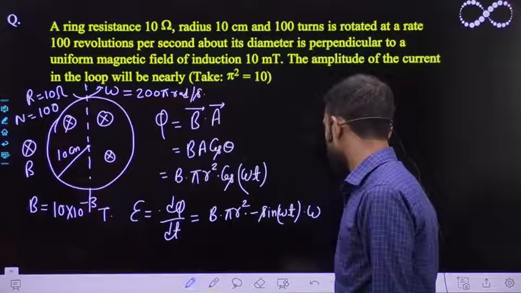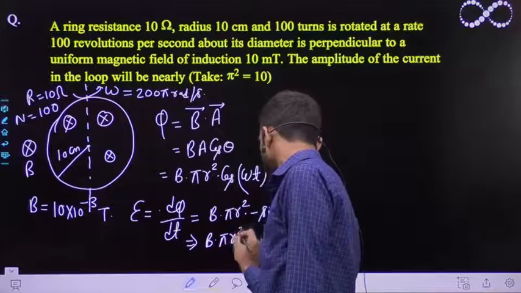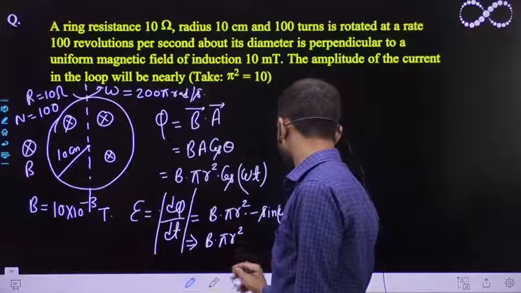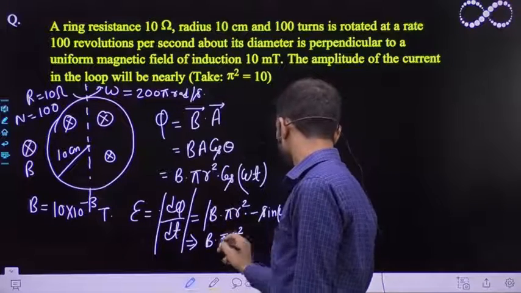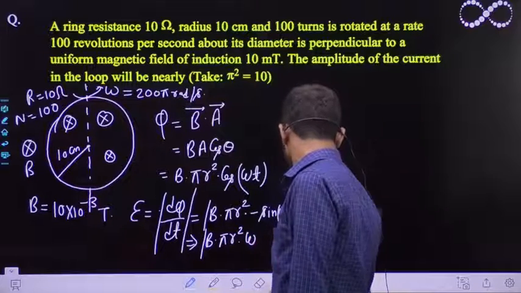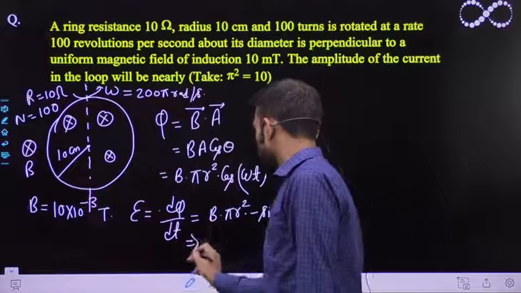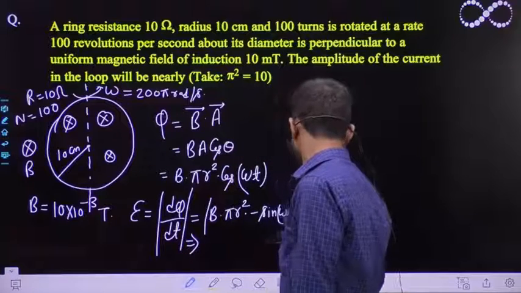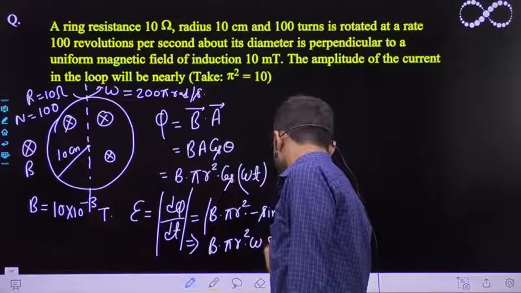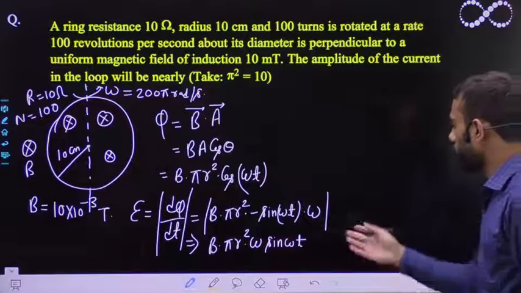You can take the mod, so I'm interested in the EMF mod here. So we get B into pi r square omega sine of omega t. This is the magnitude of EMF.